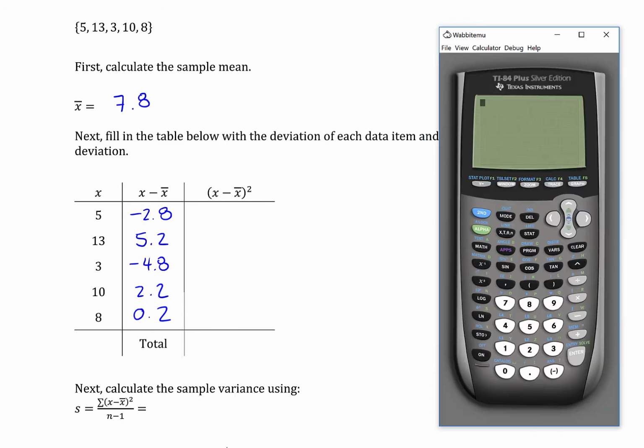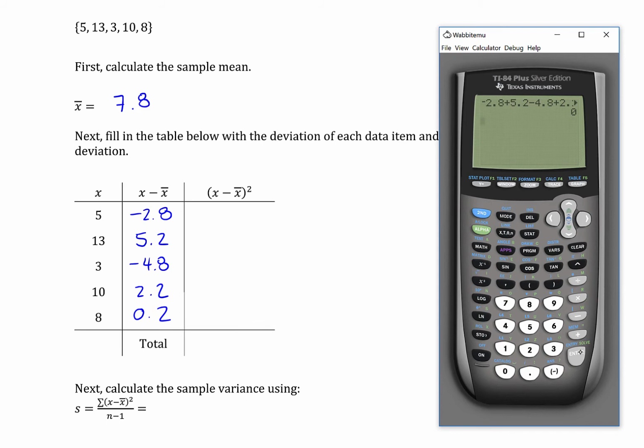Next, to find the average of these deviations, we would add the values together, taking into account positives and negatives, and then divide by the number of values, which would give me the average deviation.